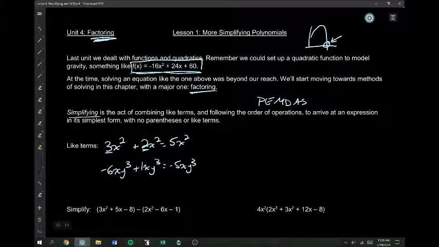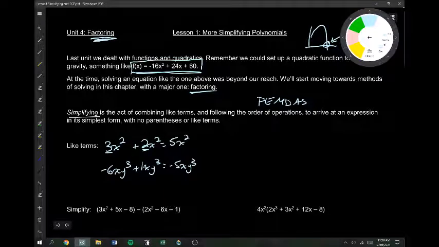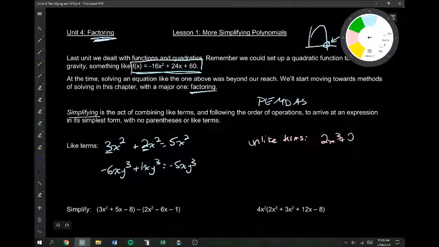So like terms have the exact same variable and the exact same power. Unlike terms cannot be added. Okay, so 2x to the third plus 2x to the fourth, that can't combine any further. That's as simple as I can make that. And negative 6xy squared plus 2x squared y, those are not like terms.